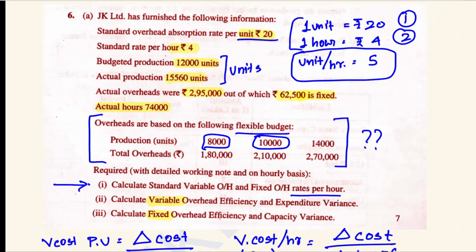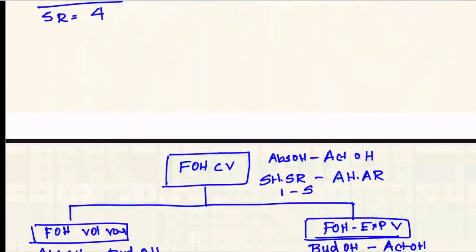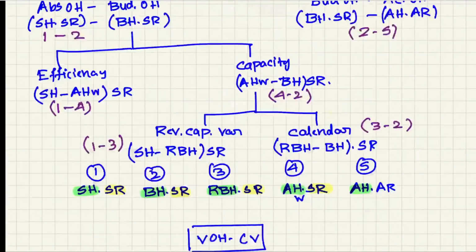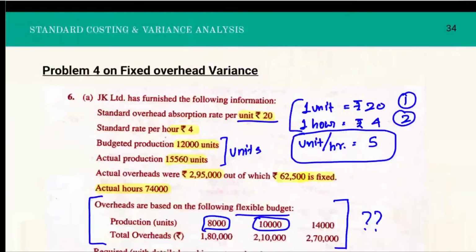So standard hours per unit, how many standard hours I will get? Five, not 4. We have calculated, no? Just now we had calculated. This one, 5.